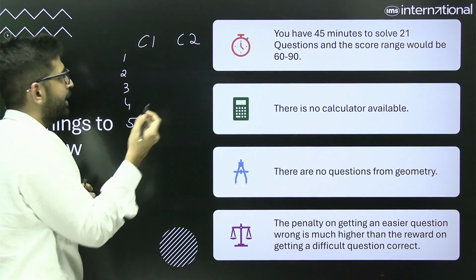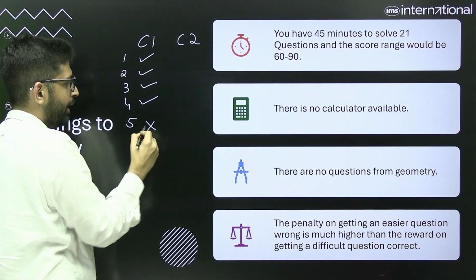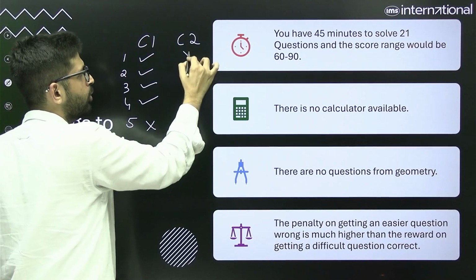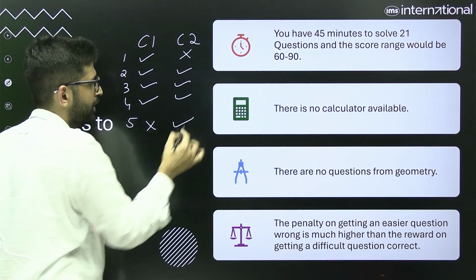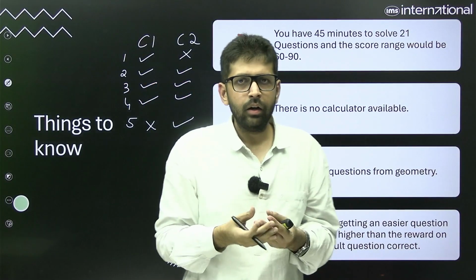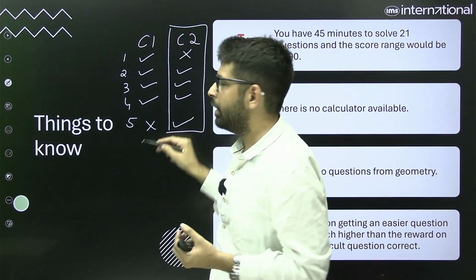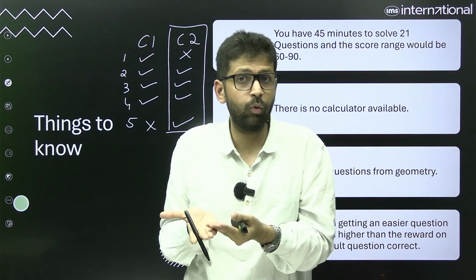Now, if candidate 1 gets these 4 questions right and the most difficult one wrong, on the other hand, candidate 2 gets the very first question wrong, but the remaining 4 questions correct. Now, we might feel that candidate 2 is a better candidate than candidate 1 because he solved the most difficult question.